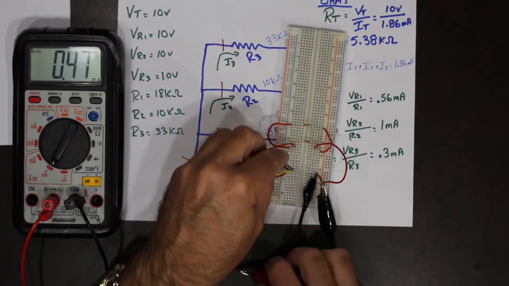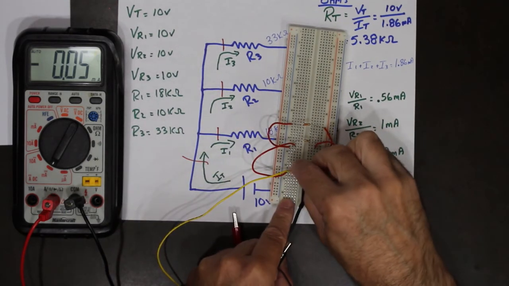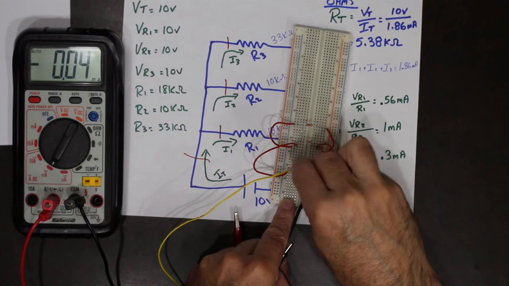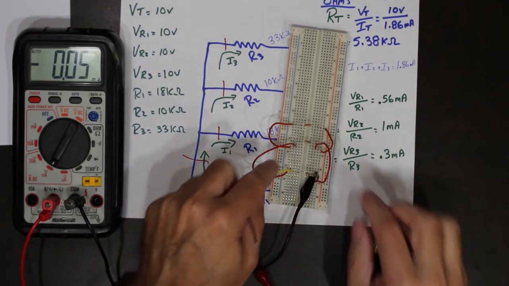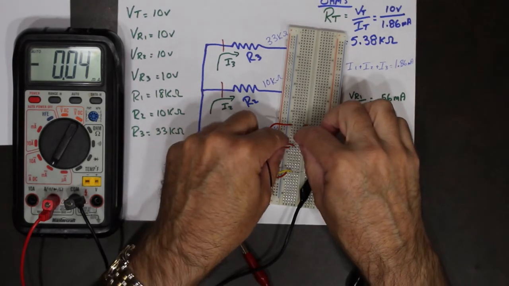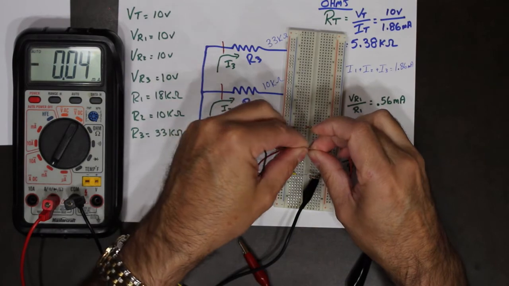So I'm going to now put that resistor back in its place. I am going to go to the next resistor. And again, I'm going to do the same thing. So snap, I just broke that resistor.